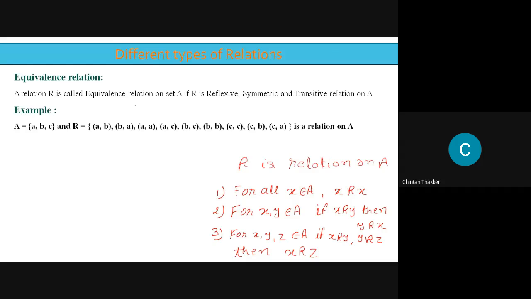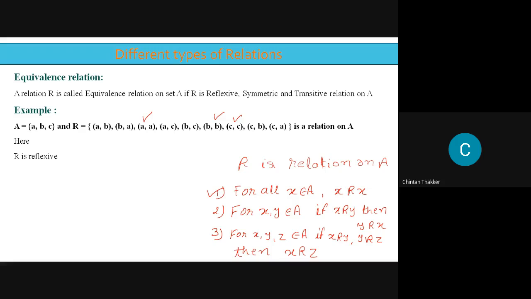Here we have three elements in A: A, B, and C. (A, A) is in R, (B, B) is in R, and (C, C) is also in R. So the first condition is satisfied, which means R is a reflexive relation.